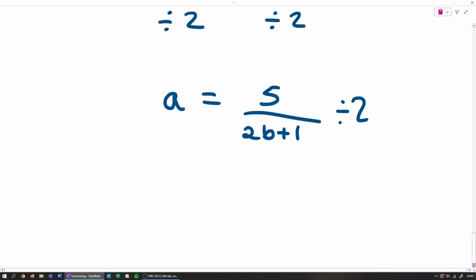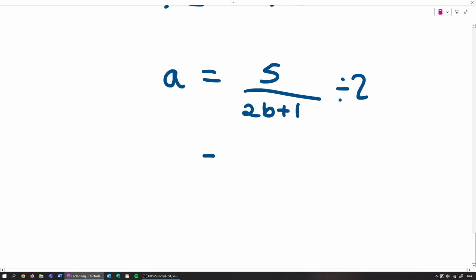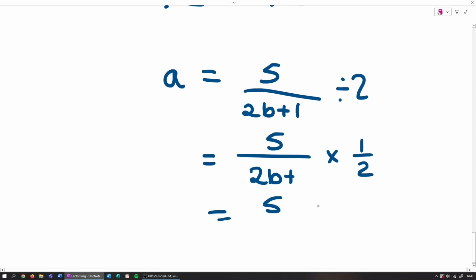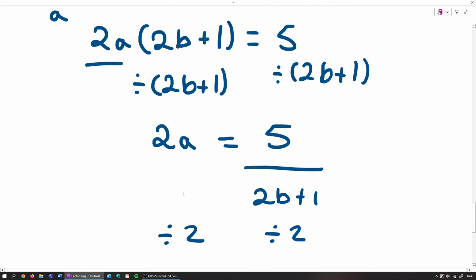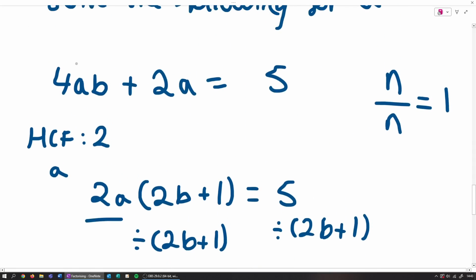And I will make videos on how to manipulate equations like this and how to do arithmetic operations with fractions, which basically just means add them together, multiply them, divide them. But for now, you're going to have to trust me here. This is the same as doing this, which is 5 over 4B plus 2. And as you can see, we have now got A by itself out of an equation that had A in multiple terms. And that just about covers everything you need to know with factorising.